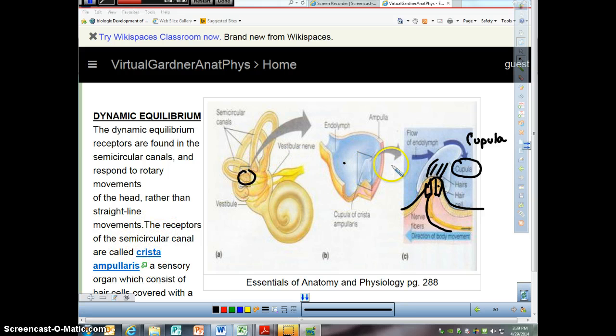So this whole thing is called the crista ampullaris. The swelled area is the ampulla, but this is the cupula, the gelatinous material.